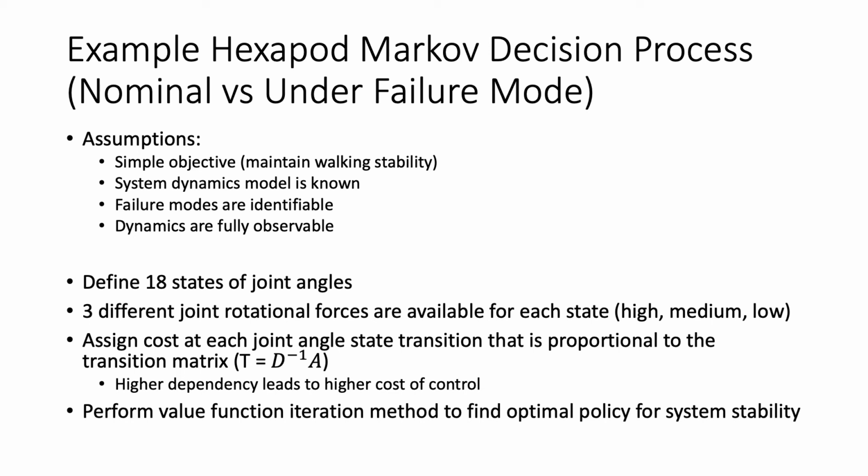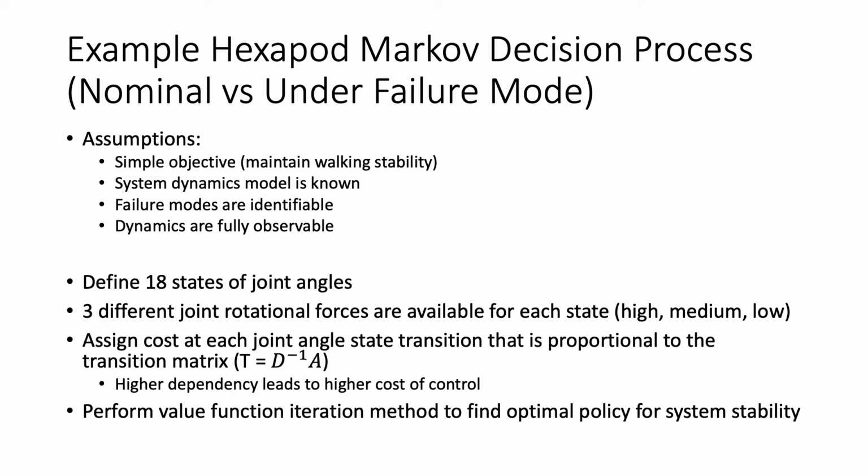So we can define the 18 states of joint angles. It just corresponds to the 18 nodes, and we will use 3 different joint rotational forces that are available for each state, and those are going to be high, medium, low.